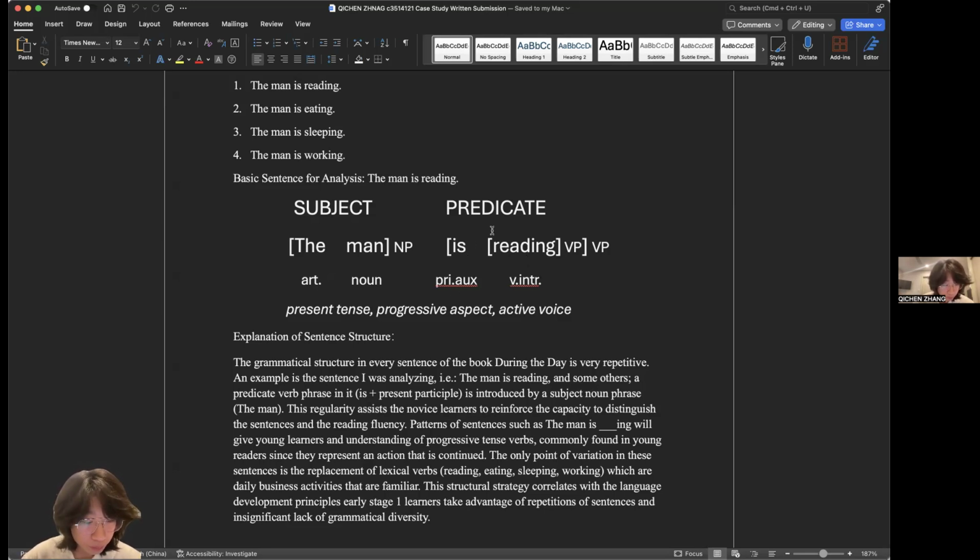Developmental needs of early stage 1 readers are also appropriate in spelling and phonetical factors. All the words are monosyllabic, which enhances the confidence in the decoding process. There are no silent letters and debilitating combinations.